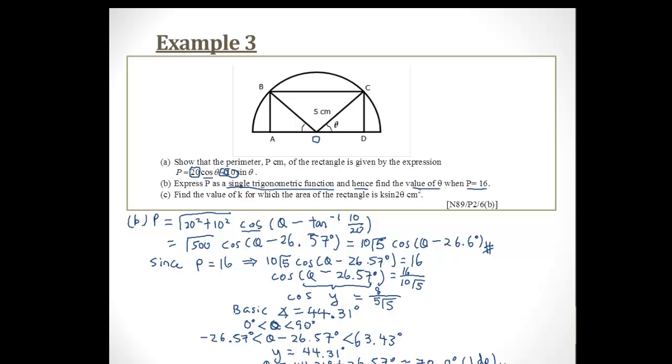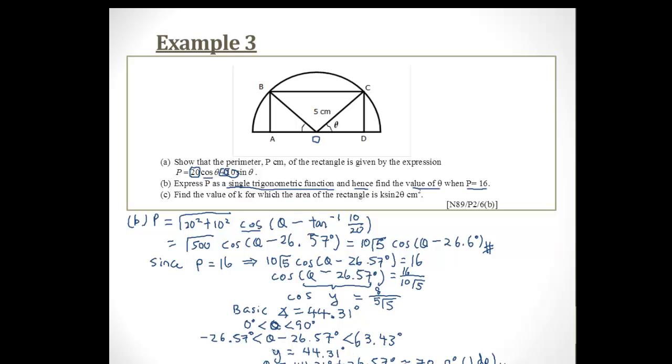Subtracting 26.57 degrees throughout, I'll get theta minus 26.57 degrees will range from minus 26.57 degrees to 63.43 degrees. And so I proceed to get the value of y, which is supposed to be either in the first or fourth quadrant. But in this case, the fourth quadrant will be outside this range. So I'll just take the answer from the first quadrant.